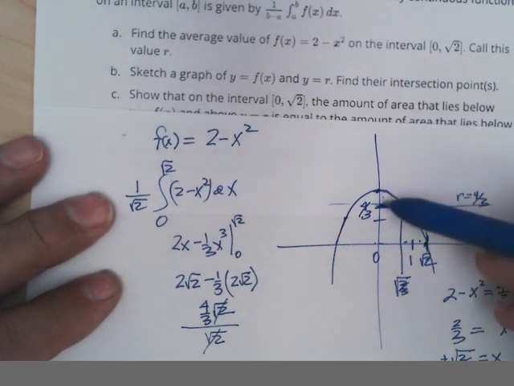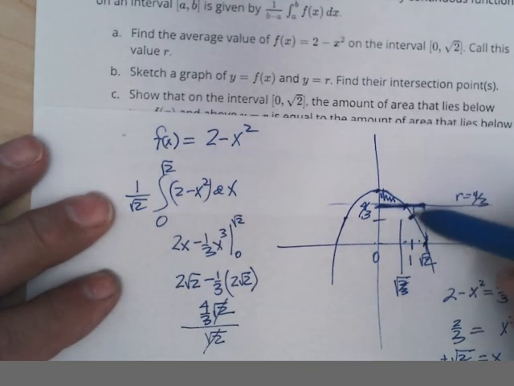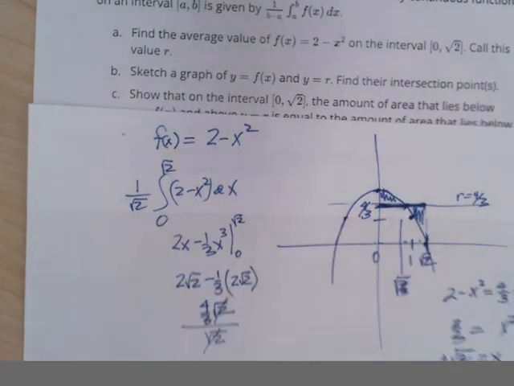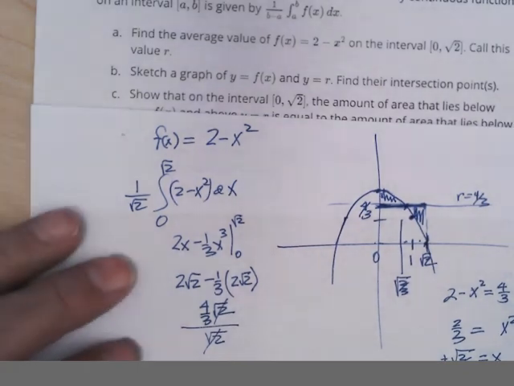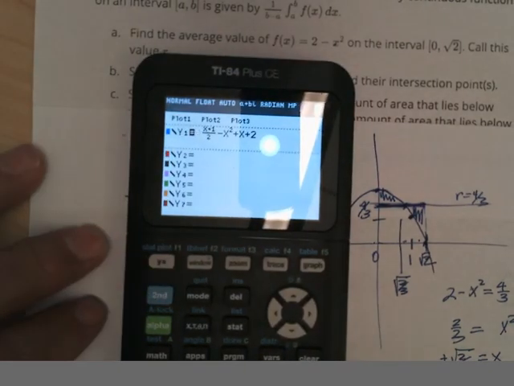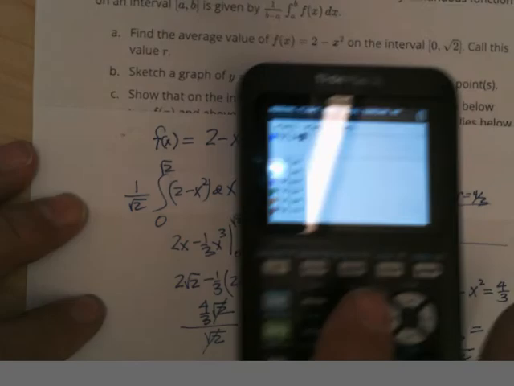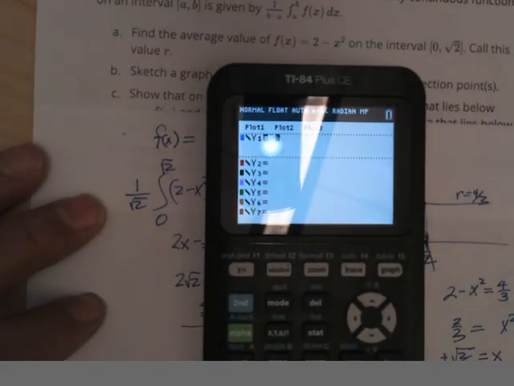So now they want us to find this area. And then they want us to find that area. And they want us to show them that they are equal. So I'm going to go to my calculator. I'm going to clear. And the upside down parabola is 2 minus x squared.